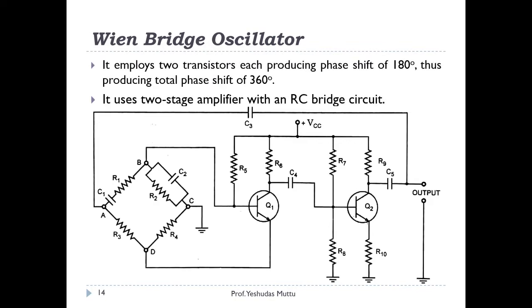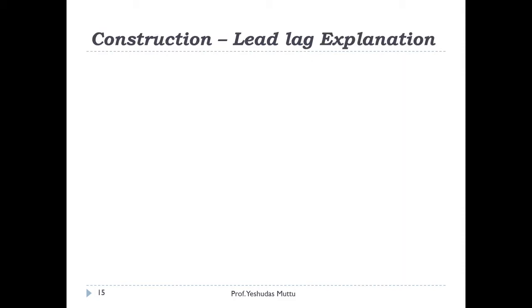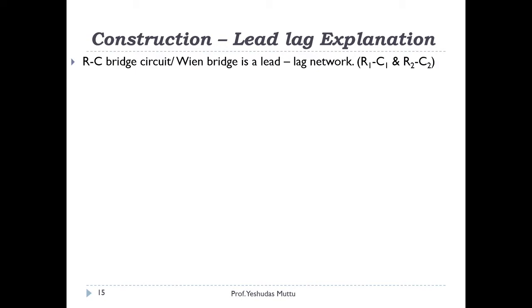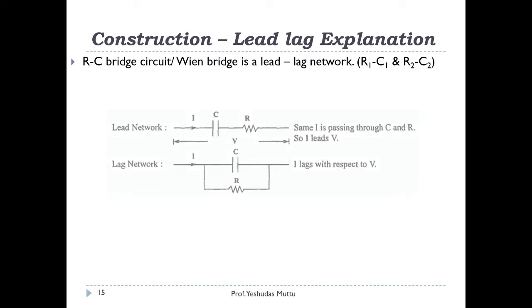Okay. So this circuit uses a 2-stage amplifier, this is a multi-stage amplifier, and a Wein bridge, that is the RC bridge circuit. Now the RC bridge circuit is a lead lag network. That is, it uses R1C1 and R2C2. Now what is a lead lag network? Let us consider if at all R and C are in series, what will happen? Same current will flow through it, right? So that time I'll say that the current will lead voltage.